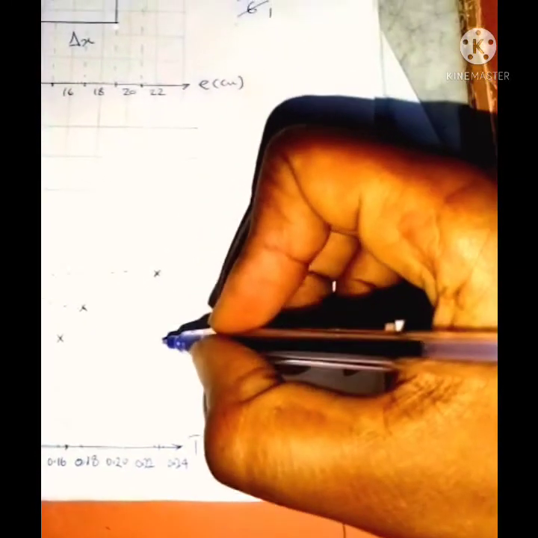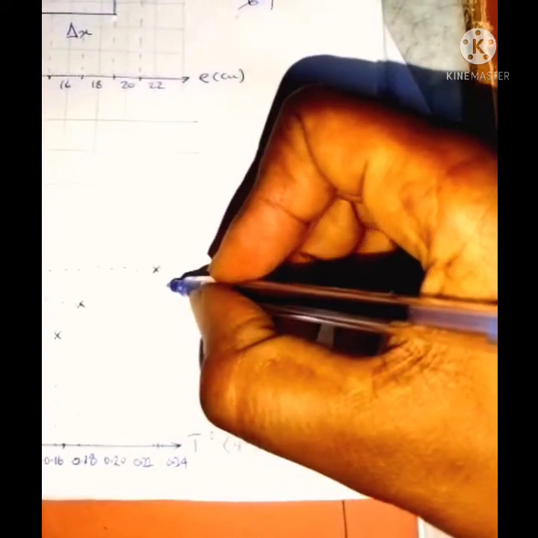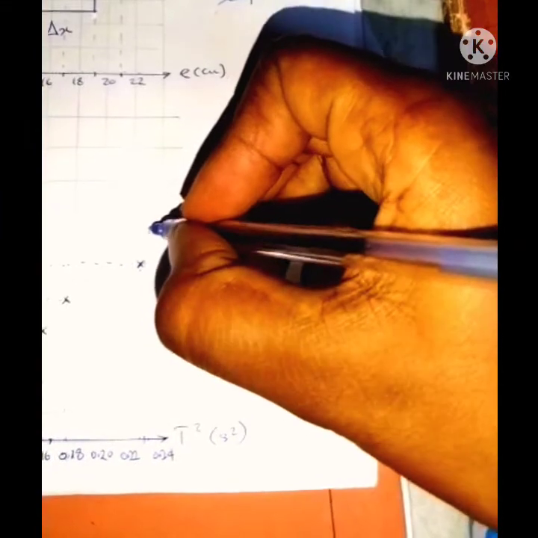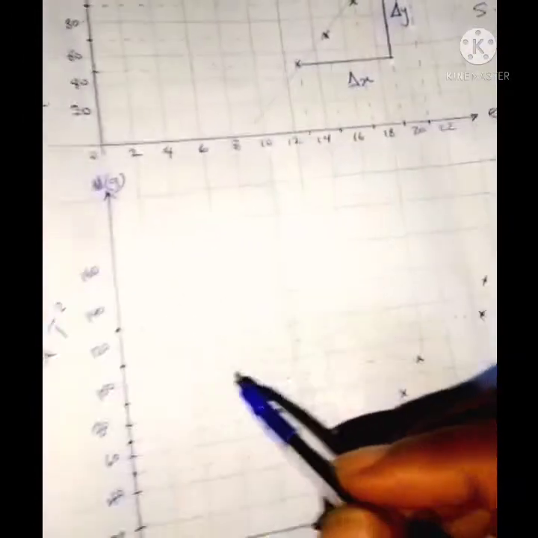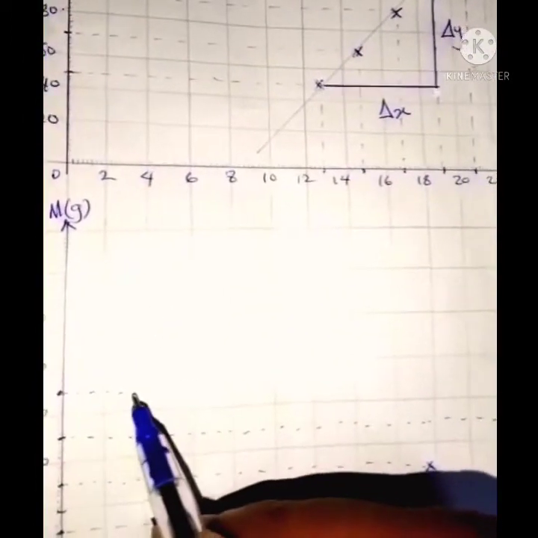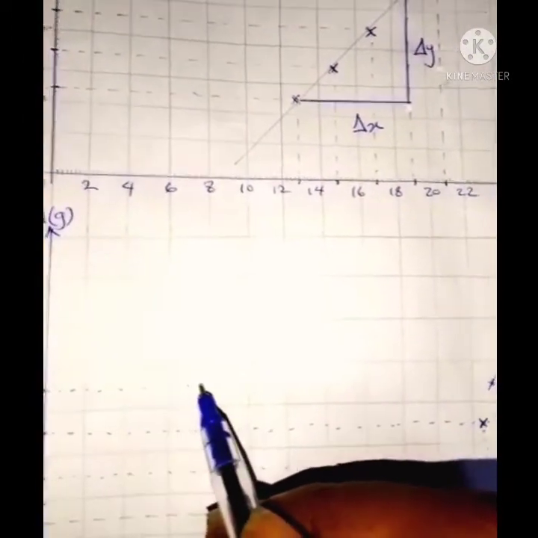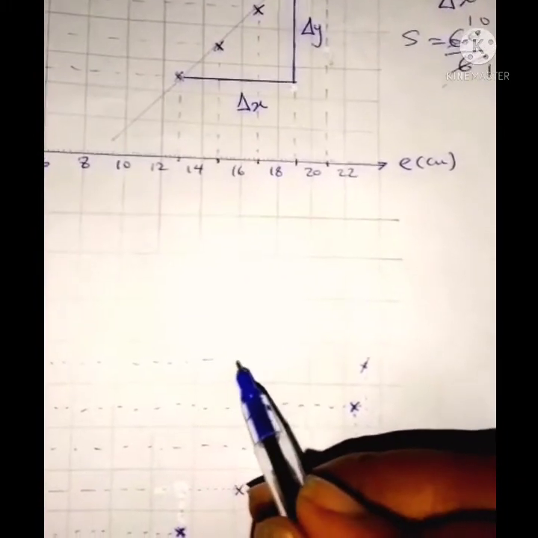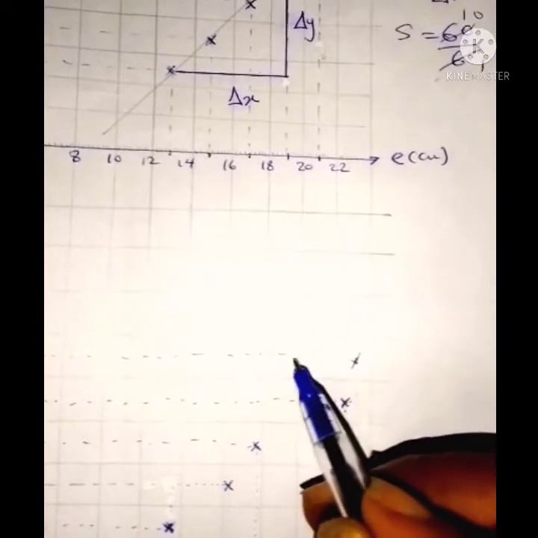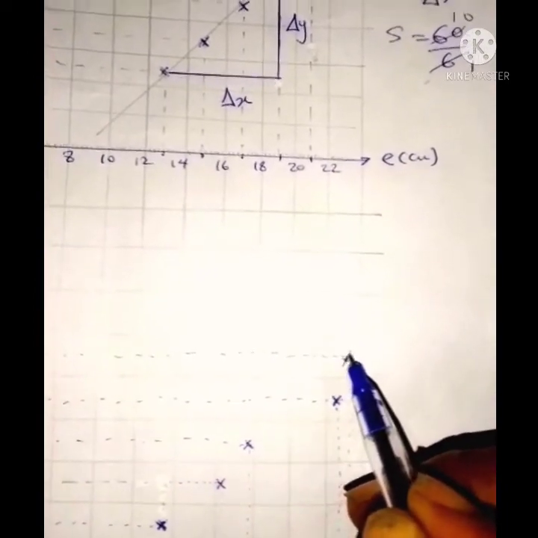Okay, so we're extending it upwards. Okay, so this should be our point. This is our 130. Okay, so this is our line.